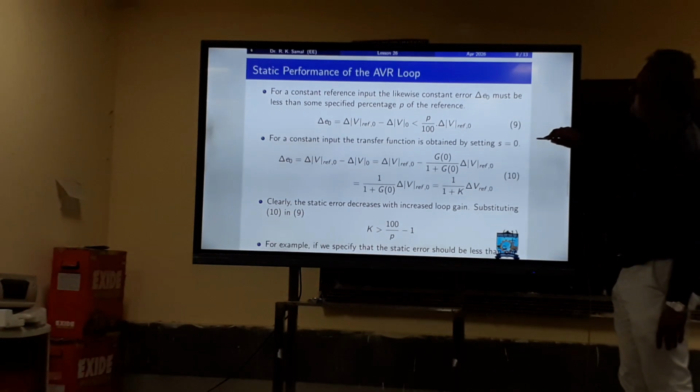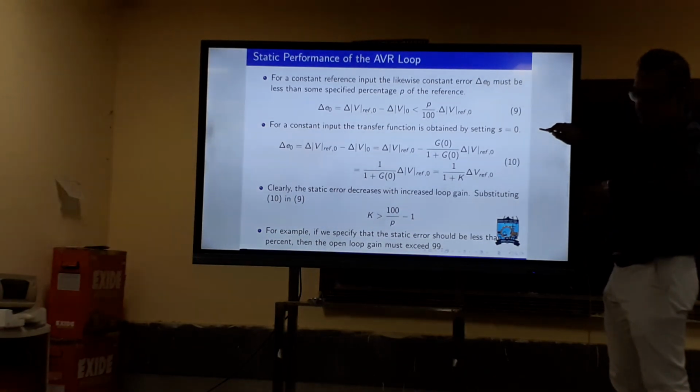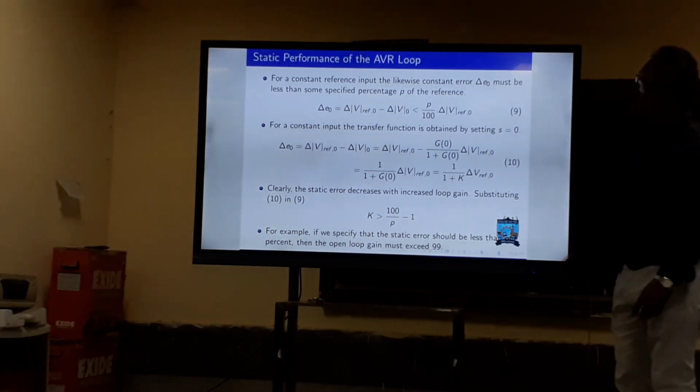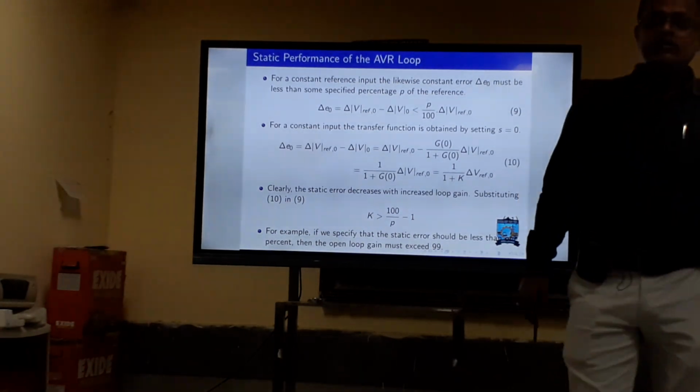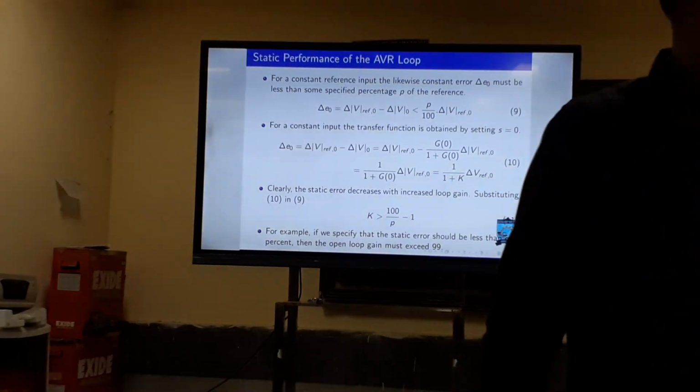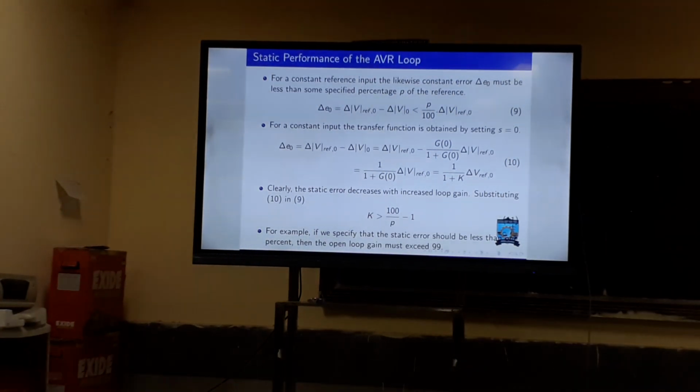Fine. Then we find out the static performance of the AVR. What is the static performance of a control system? Static means what is the final error? Suppose the input is a unit step. So finally you need to reach 1. So what is the final error? How far has it succeeded in reaching that 1? Okay?